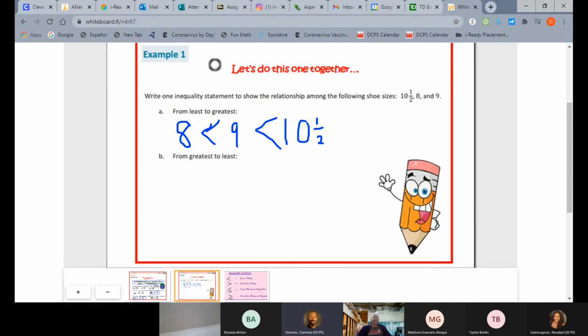So when we're looking at inequality symbols, the open side is technically where it's pointing to, and we read it from left to right. So think of it like a Pac-Man, and Pac-Man eats the larger number. So 8 is less than 9. Okay, does that make sense?